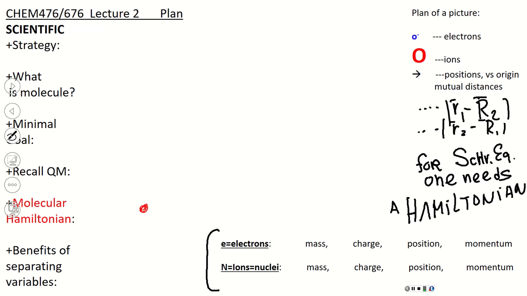Okay, so this system has ways to have color coding. So let's put blue electrons, electron number 1, electron number 2, and red.